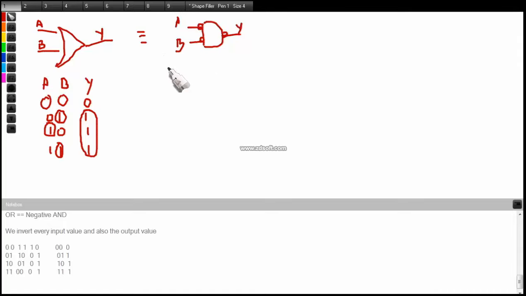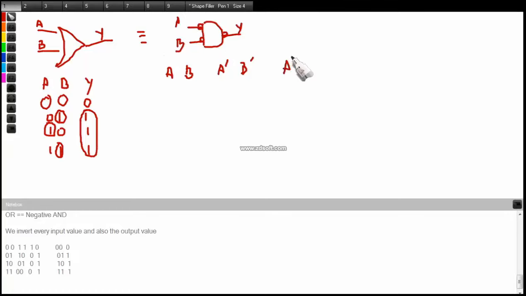Okay. Now in this case, what do we get? This is our A, B, the initial inputs. Then we will get our inverted inputs, that is A naught and B naught, right? Then we will get an AND operation on A naught and B naught.